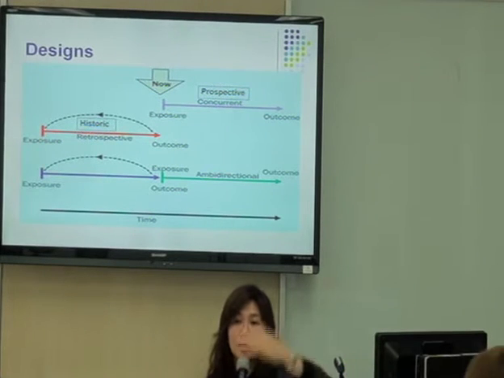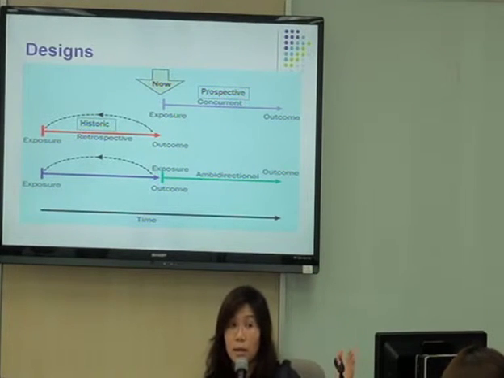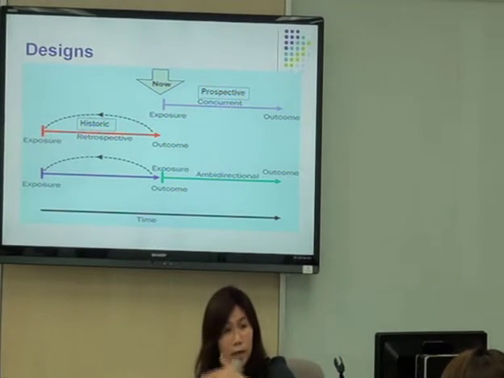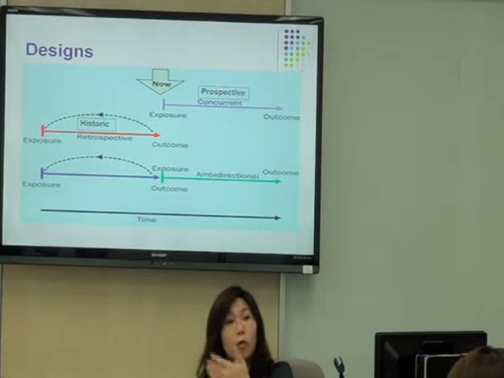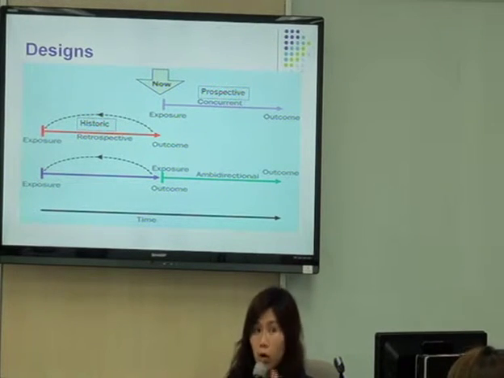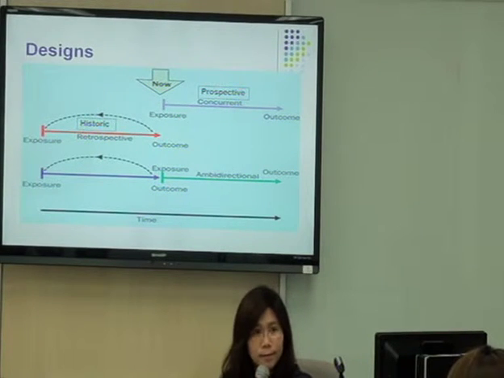Even if I go 10 years back, every subject did not come at the same time, right? They come consecutively, depending on the date of operation, because our definition of the cohort starts from the date of operation for kidney transplantation.